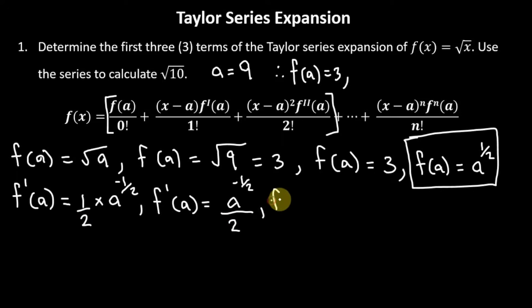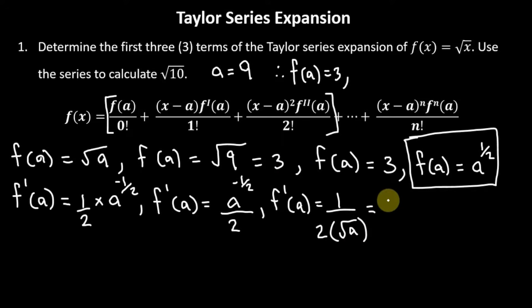We can even go a step further and clean this up using the laws of indices. So this is the same thing as 1 over 2, and in brackets we can have the square root of a. We use the law of indices there to write it in a form so that we can plug in our a value, and it's probably easier to use.